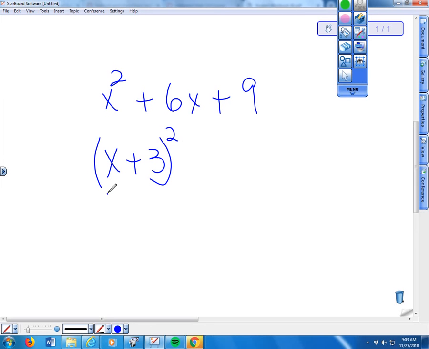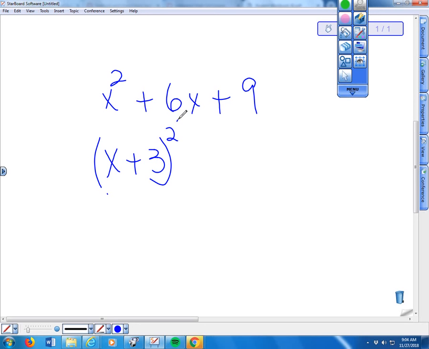Then you can check the middle term. This times 2 is 6. So if you have perfect squares at the end, take the square root of each one of them, put it in parentheses and square it, check your middle term, make sure it makes sense, and now you factored it without having to do any special looking for factors of 9 that add up to 6.